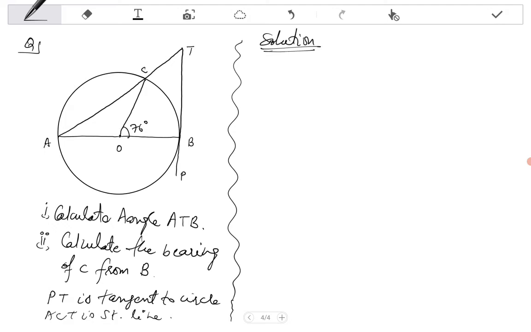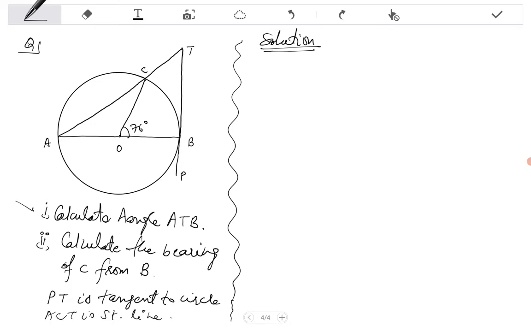First of all, I have to do part 1 as angle ATB. This angle is required, but in order to calculate it, you should know that a tangent touches the circle at a right angle, so this angle is 90 degrees. First I should find this angle A, because it can be found from a geometrical property of circle.